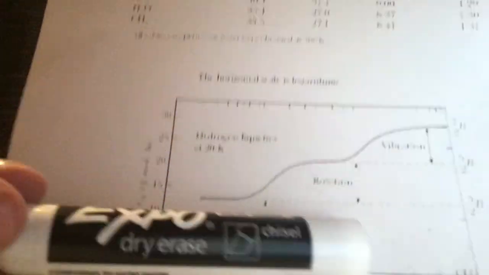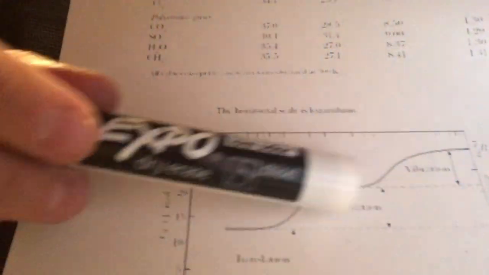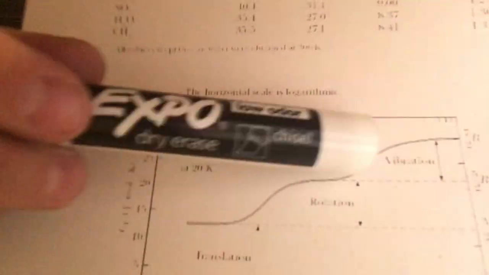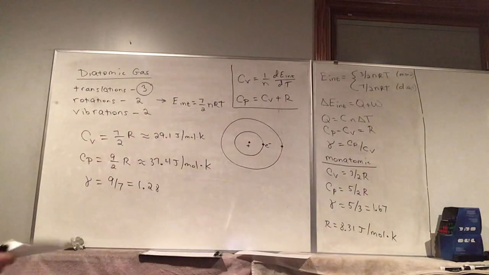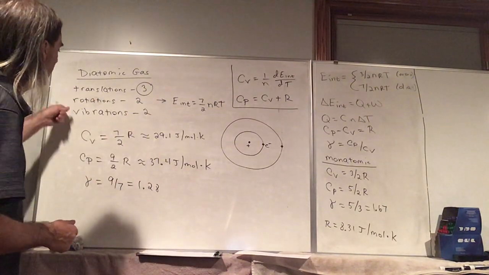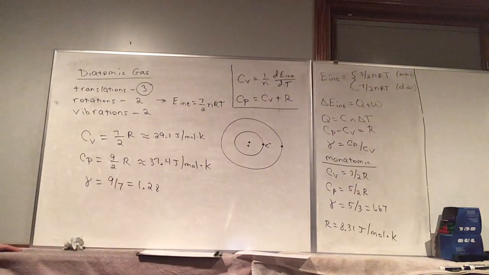But then as the temperature warms up, the molecule can start rotating, and the specific heat jumps up to 5/2 R. And then at higher temperatures still, you can have vibrations contributing to the energy. And so the specific heat depends on what types of energy are available, and that depends on the temperature.